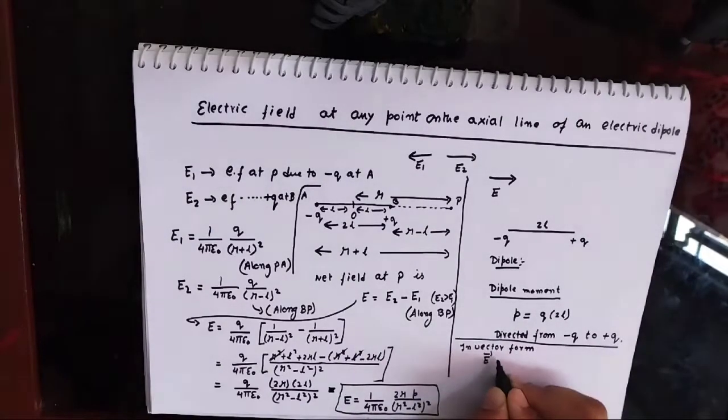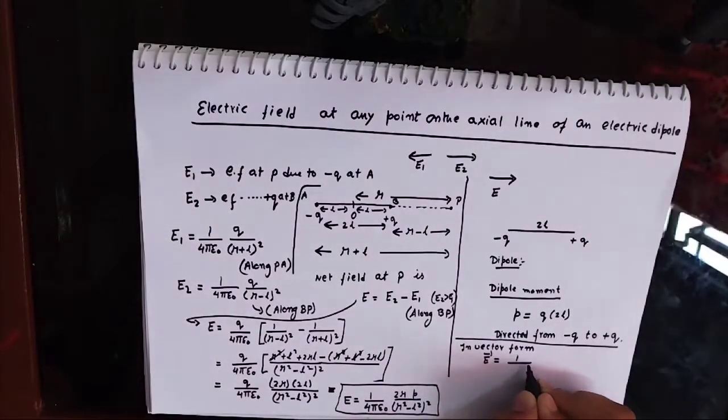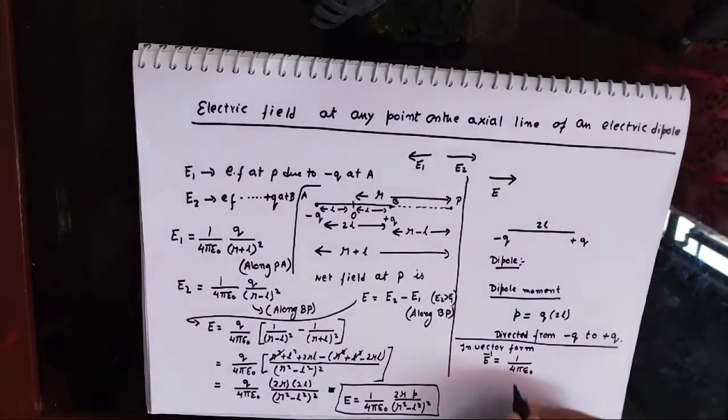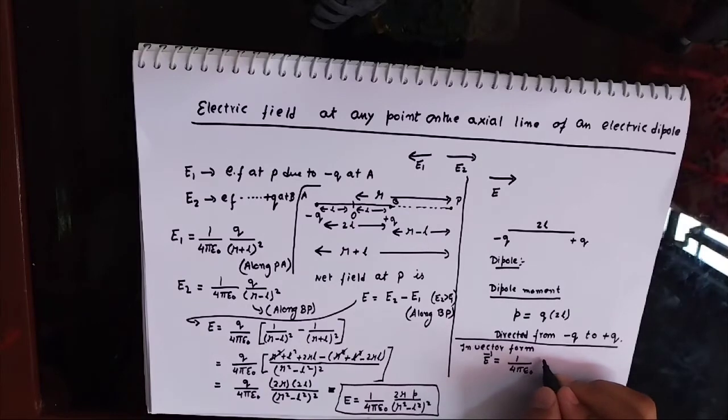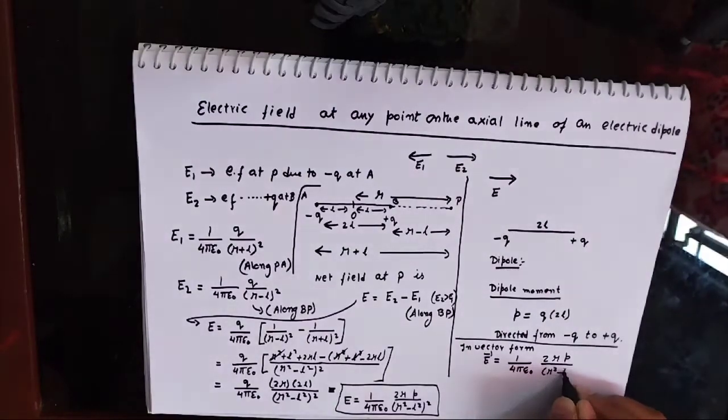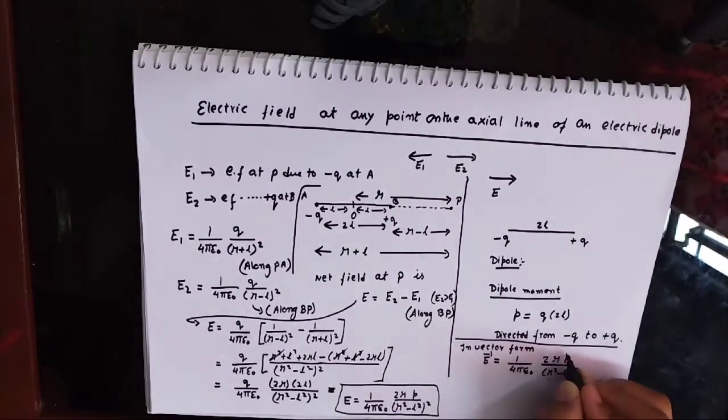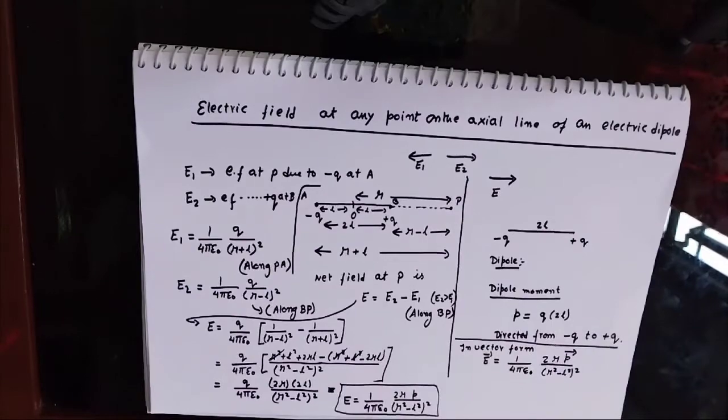E can be written as 1 by 4 pi epsilon naught, then 2R P divided by (R square minus L square) whole square, and P in vector form.